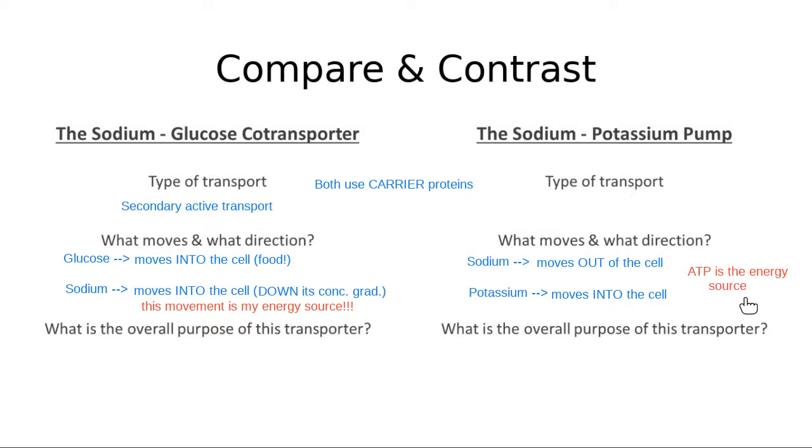So yes, the sodium-potassium pump is an example of primary active transport. I can't use the energy of somebody going downhill because both of my somebodies that are moving are going uphill. Both of them are going up their concentration gradient. So I have to use ATP to do the sodium-potassium pump.